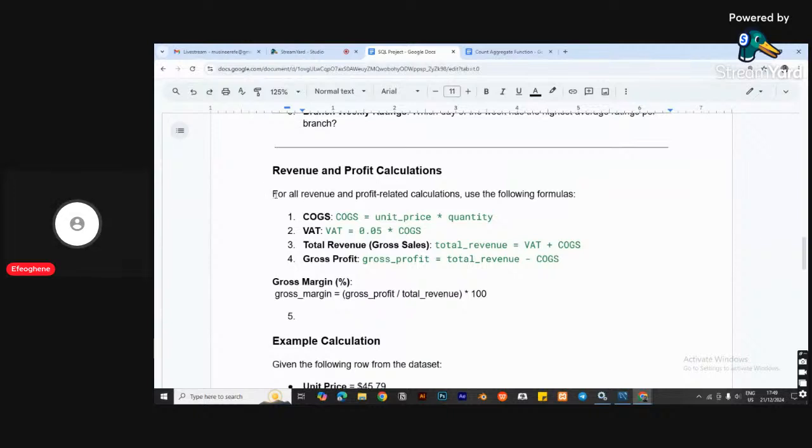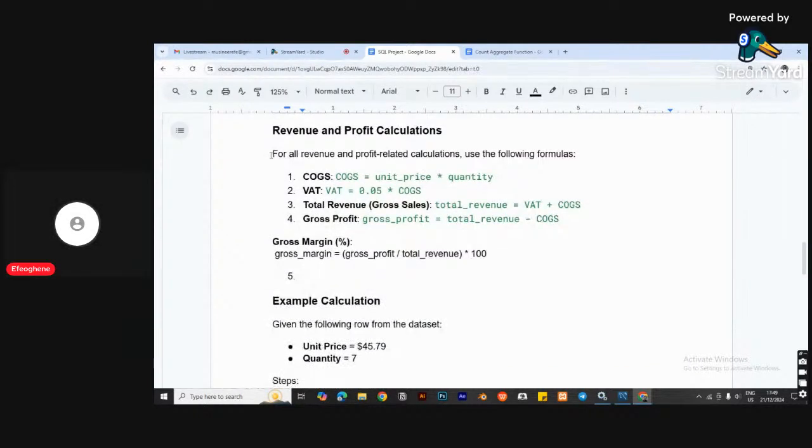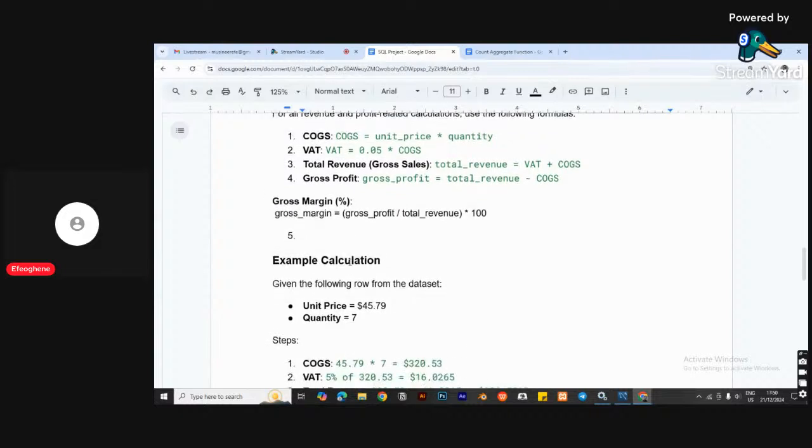If you look at the appendices, which is different from the glossary, the tax is a percentage multiplied by the cost of goods, and the cost of goods is unit price times quantity. So the VAT is a percentage that is applied on the cost of goods.